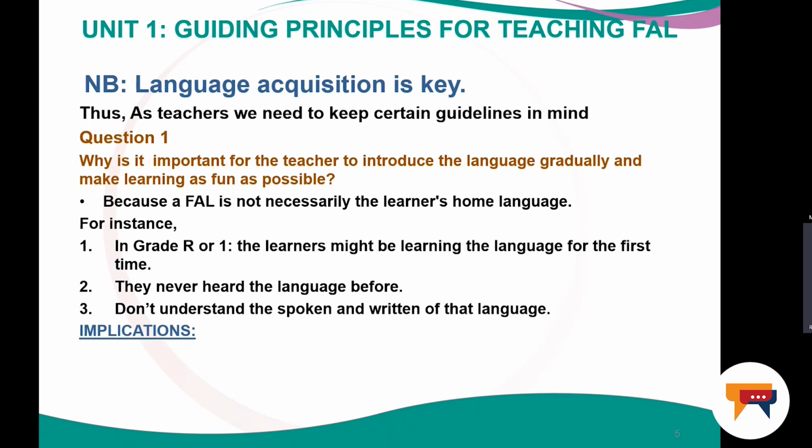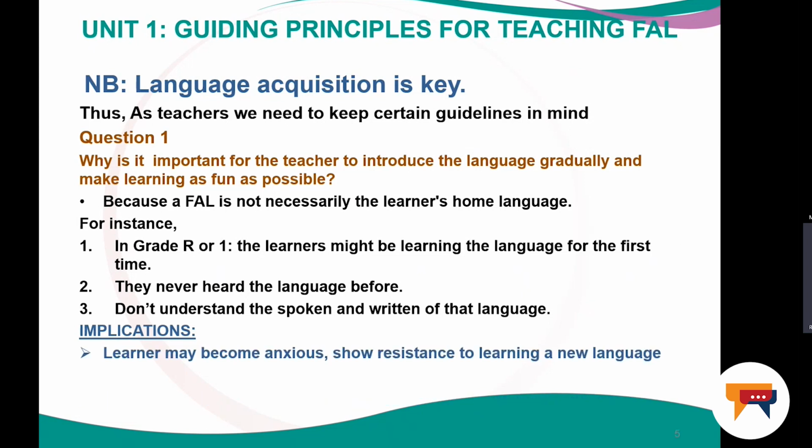They don't understand the spoken and written form of that language. But what are the implications? If you do not understand and you're not going through the guiding principles, learners may become anxious and show resistance to learning the new language. That is very key. Please remember, you want them to acquire the language.